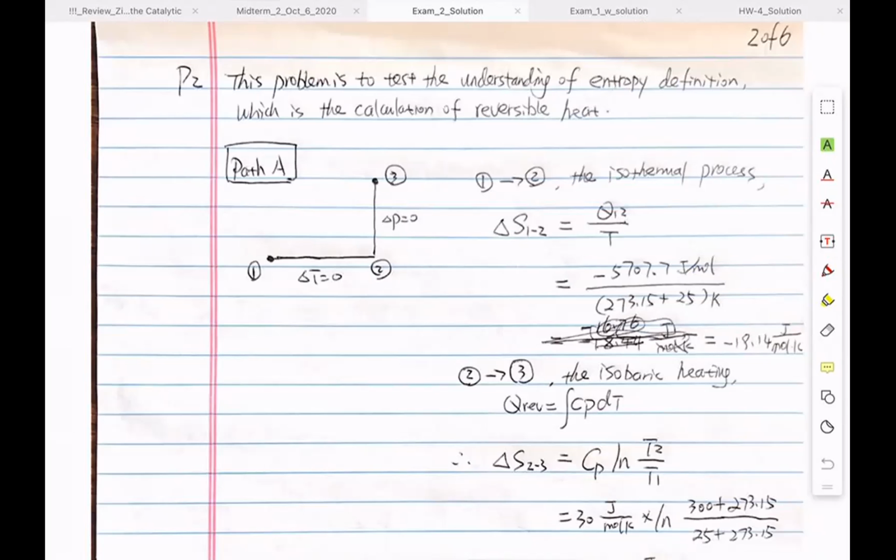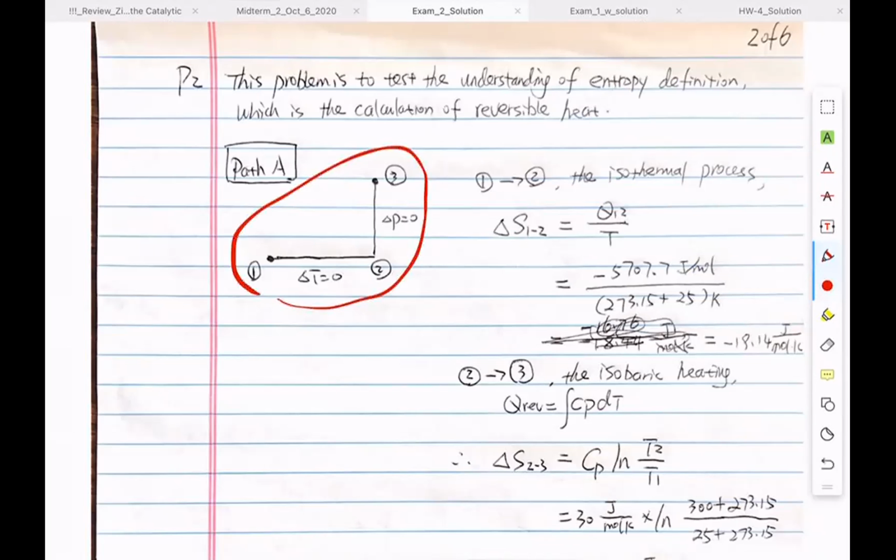And you can see that in the solution. So this is indeed the problem to test the understanding of the entropy. And then if we try to look at the first path, I want to tell you that I did not start from scratch. I basically just copy and paste. So this is the exam 1 solution you have access to, right?